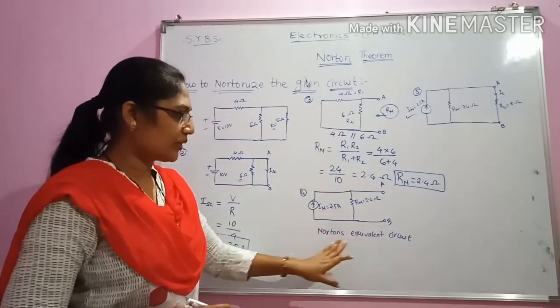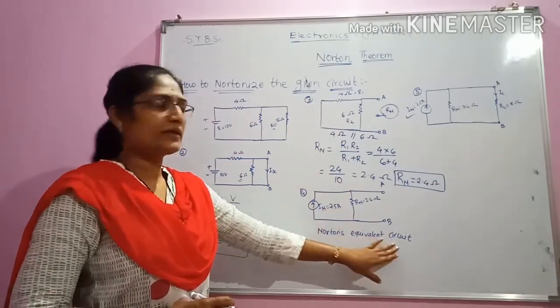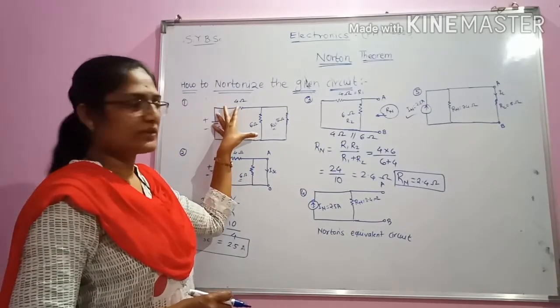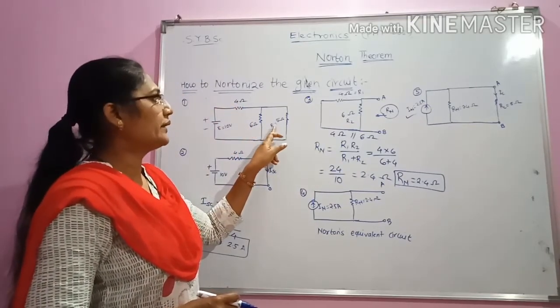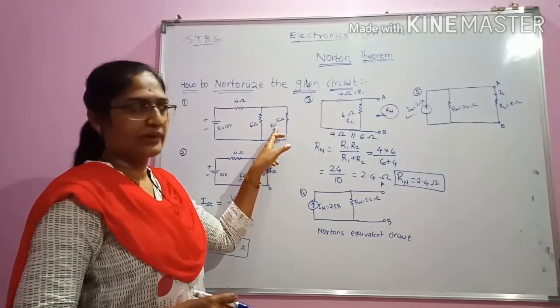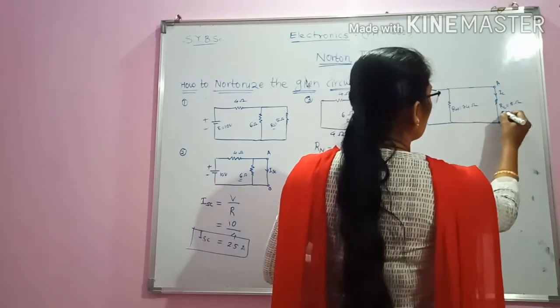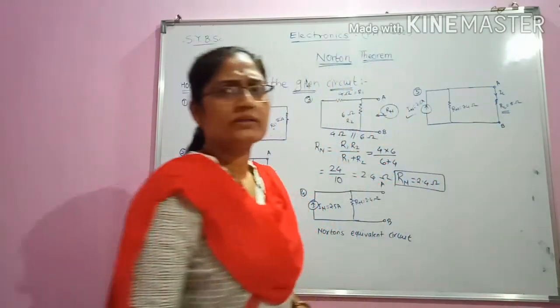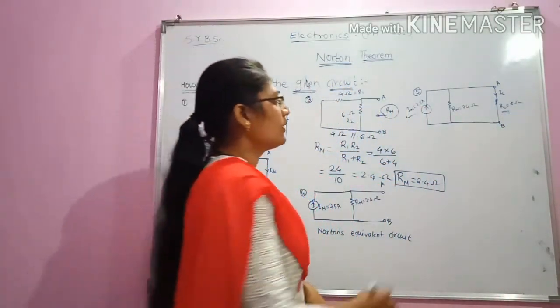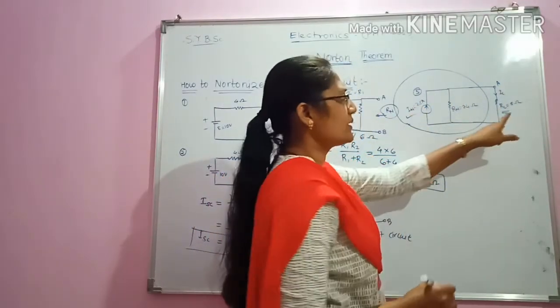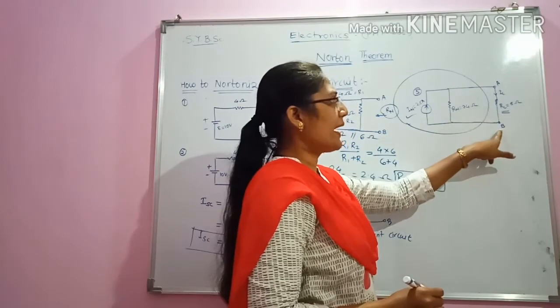This is nothing but the Norton equivalent circuit of this part. Now the last step is to calculate the current passing through this load resistance. Now this is the equivalent circuit and this is the load across A and B.